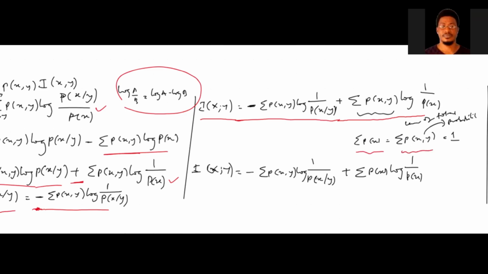And once again, recall what we did in terms of total probability. So this is P of X, so we can replace this with P of X, because the sum of P of X, Y is the same as P of X. So this is the law of total probability.